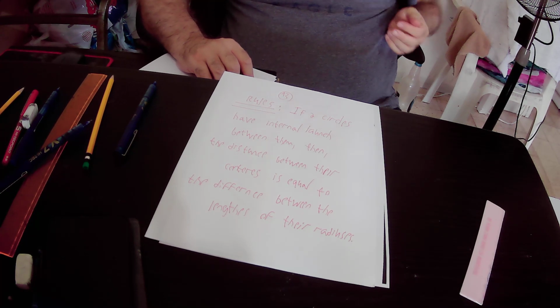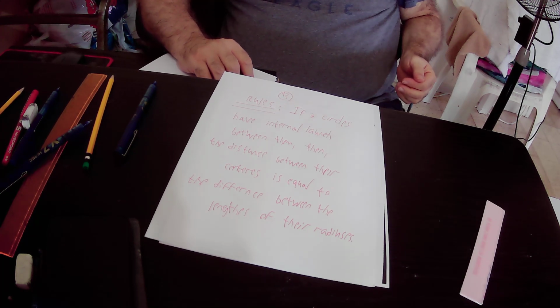I will read rule number 5 again. If two circles have internal tangent between them, then the distance between their centers is equal to the difference between the lengths of their radiuses.